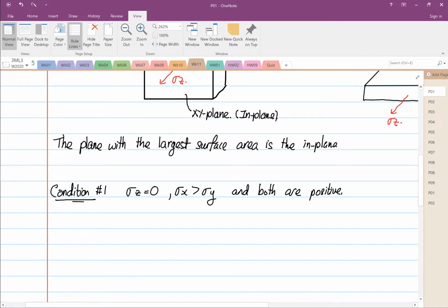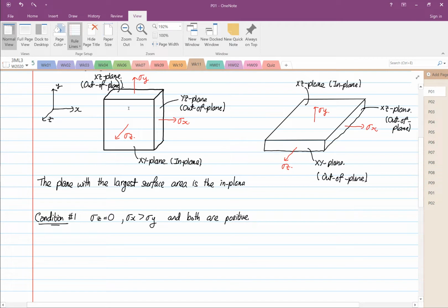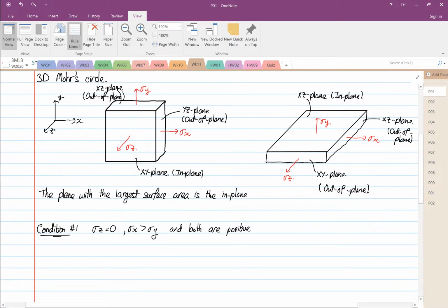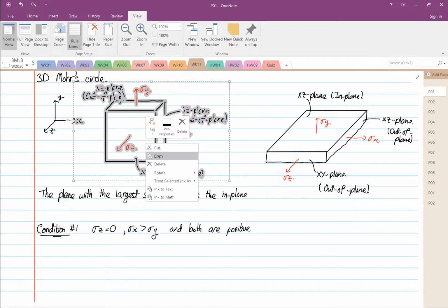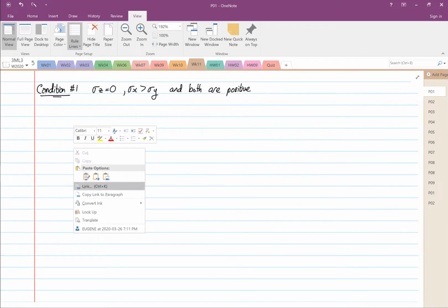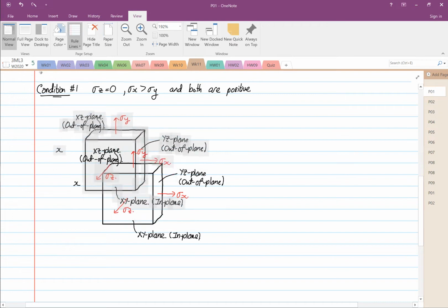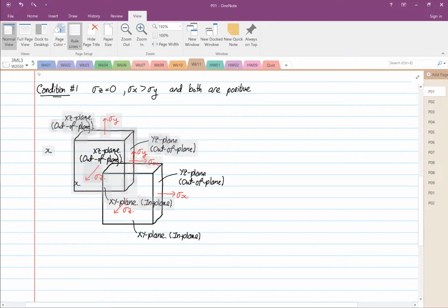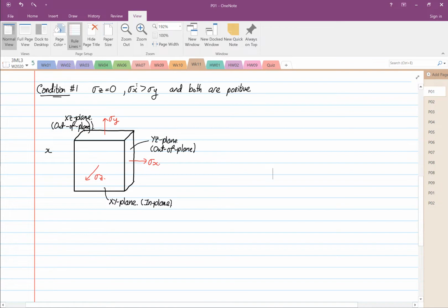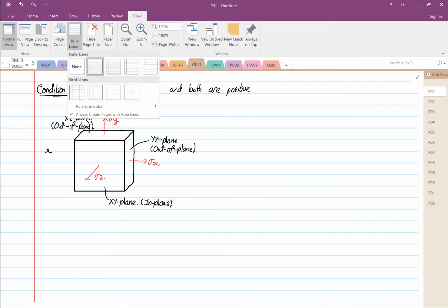Okay, so all our conditions, I'm going to apply to this element, which I'm going to copy and paste over here, and we're going to sketch this condition now. We're going to sketch this condition where X is greater than Y and Z is equal to 0.